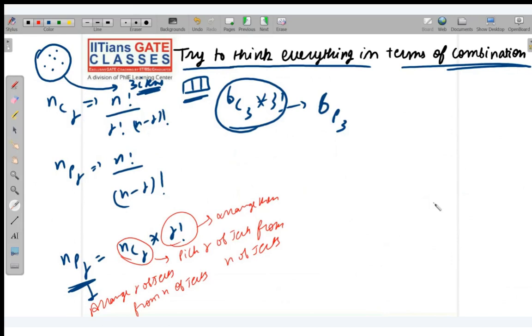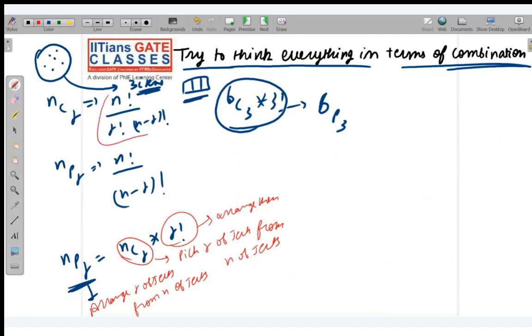Let me give you small shortcuts also, so that you will be able to solve questions more precisely. NCR means out of n you are picking r objects. The formula for NCR is n factorial upon r factorial times n minus r factorial.